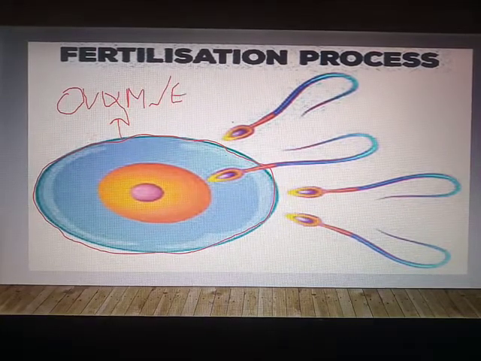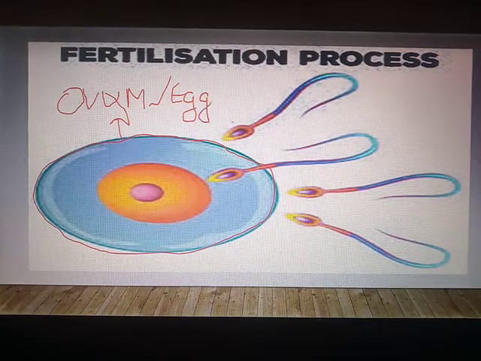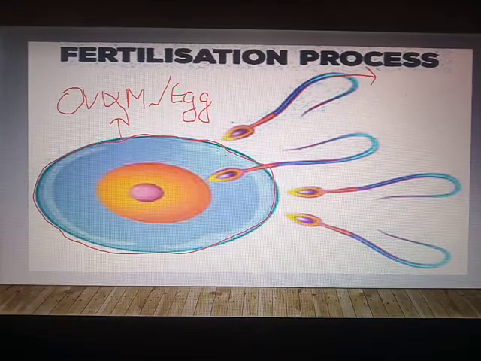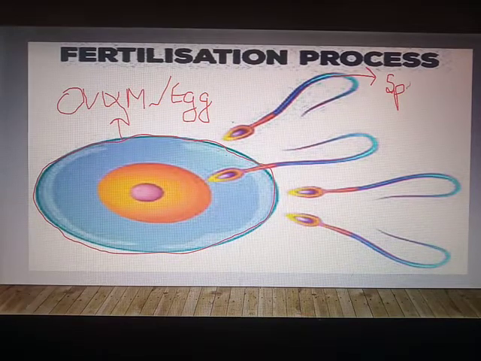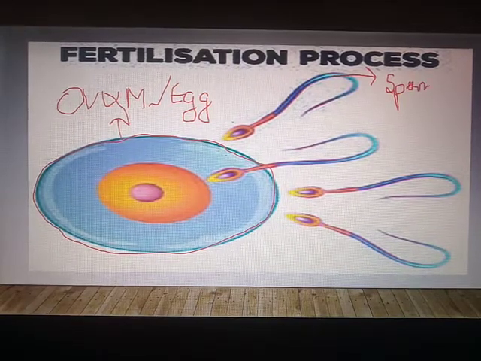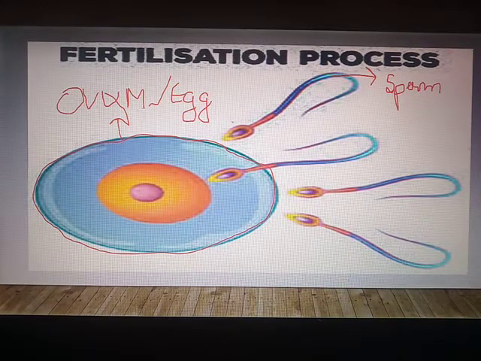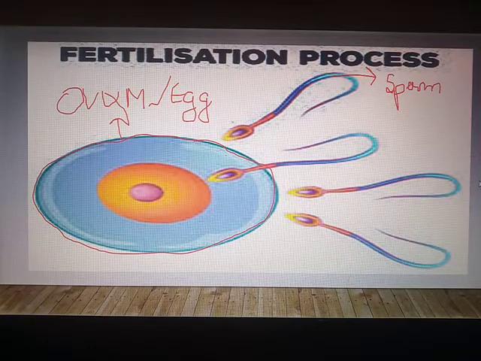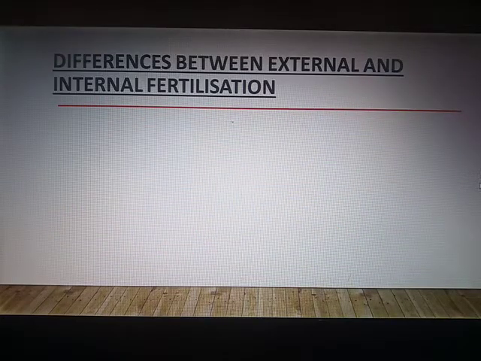Ovum or egg is a female gamete and this snake-like structure is known as sperm. Sperm is a male gamete. So students, when sperm and egg fuse with each other, they form a diploid zygote. Clear? So let us see the differences between external and internal fertilization in detail.